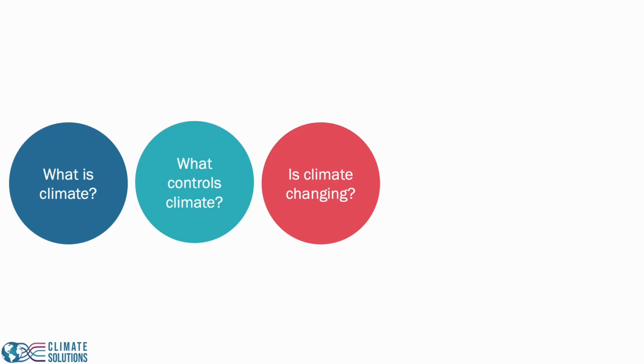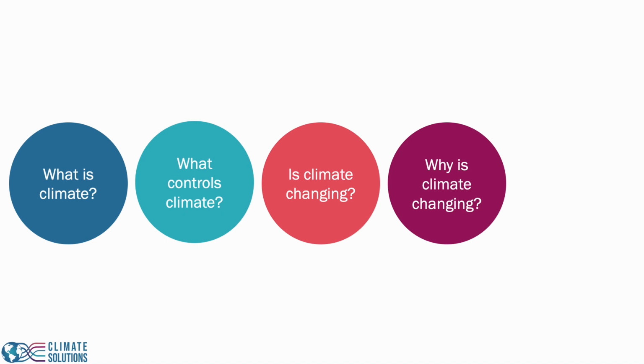And then sort of the most meaty scientific topic, I would say, in this module is why is the climate changing? And we're actually going to talk to a couple of real expert climate scientists about how they think about attributing what we're seeing to a particular cause. That is not, is the climate changing, but why is it changing? Of course, if we want to understand how to slow that change down, we need to understand why it's changing.